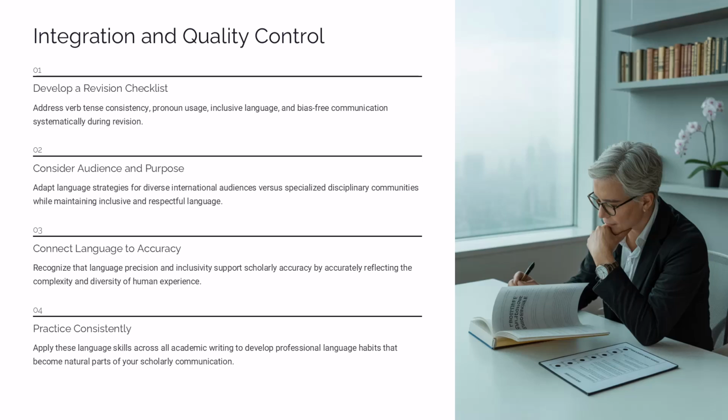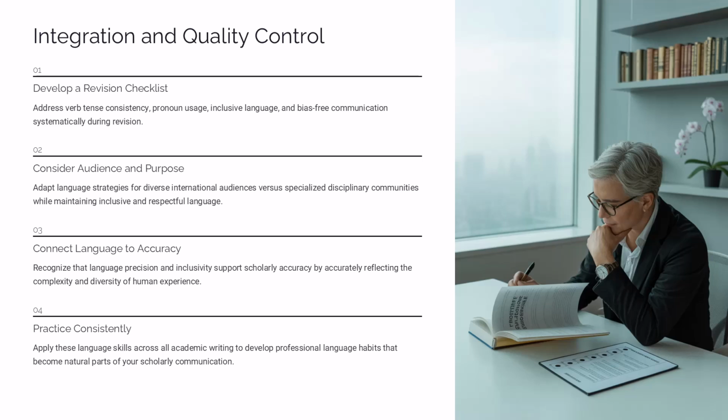Consider your audience and purpose when making language choices. Academic writing for diverse international audiences might require different language strategies than writing for specialized disciplinary communities. However, inclusive and respectful language serves all audiences effectively. Remember that language precision and inclusivity support scholarly accuracy.